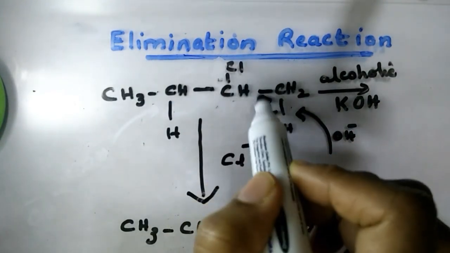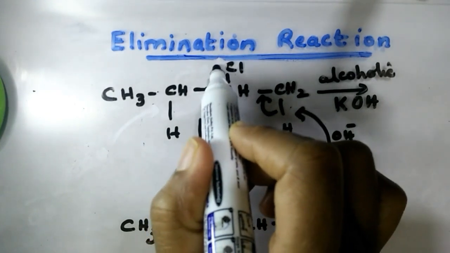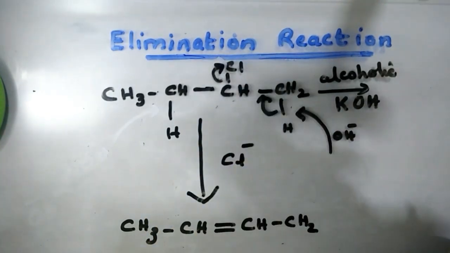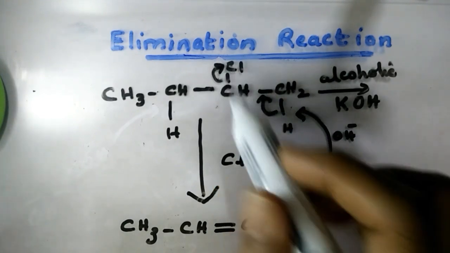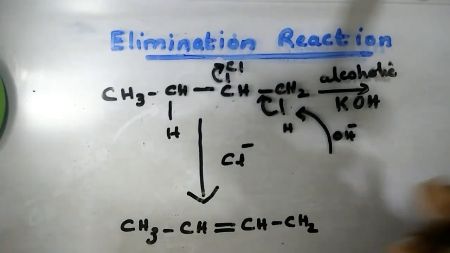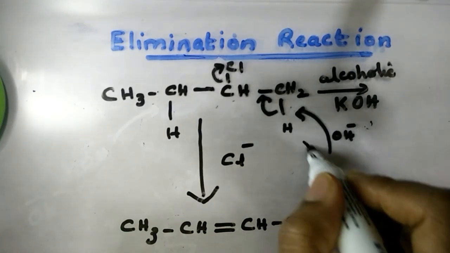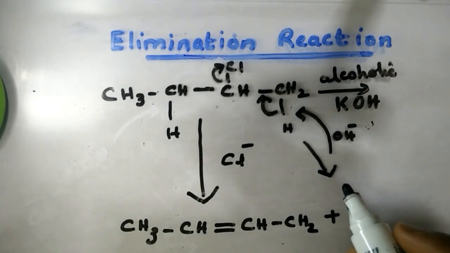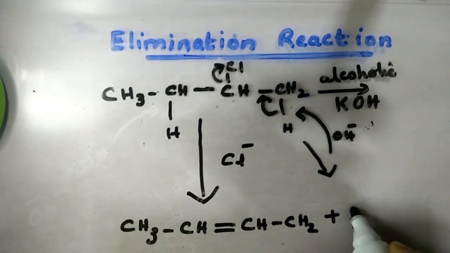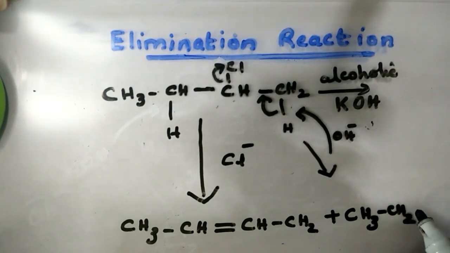At the same time, when the carbon-carbon double bond is formed, the electron pair from the carbon-chlorine bond gets shifted to the chlorine atom and Cl- is released. That is, when the OH- is attacking through this side, you are getting a product CH3, CH2, CH.